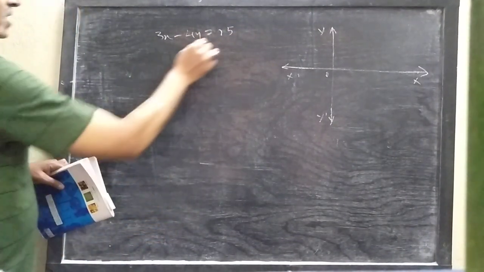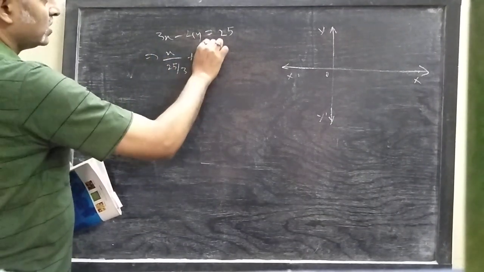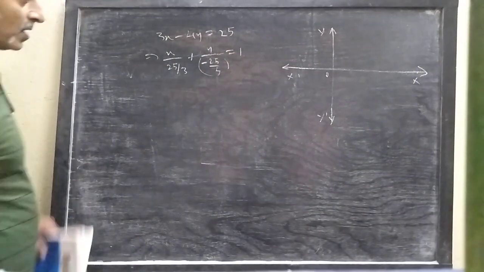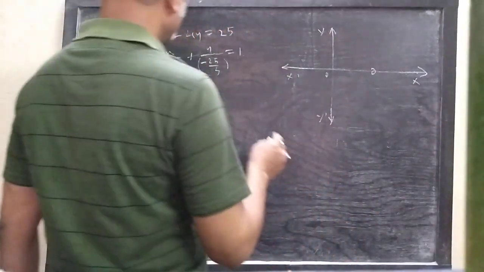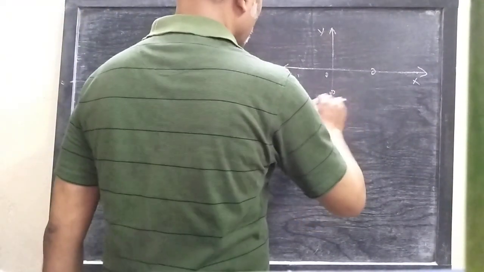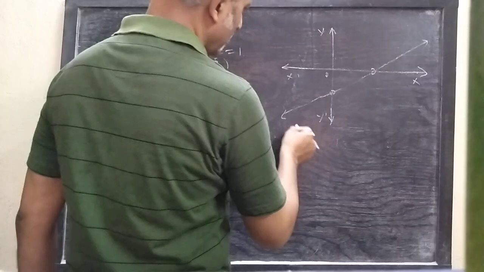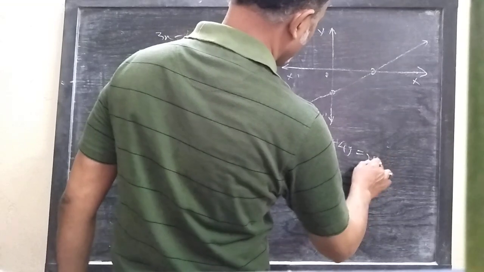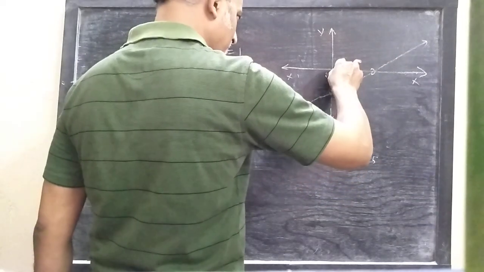If we shift it to the intercept form, we get x/(25/3) + y/(-25/4) = 1. So the line is this: 3x - 4y = 25. They have asked to find a point on this line which is nearest to the origin.